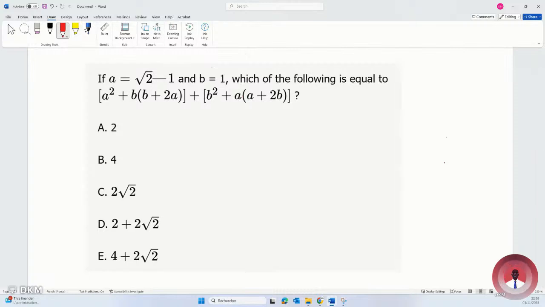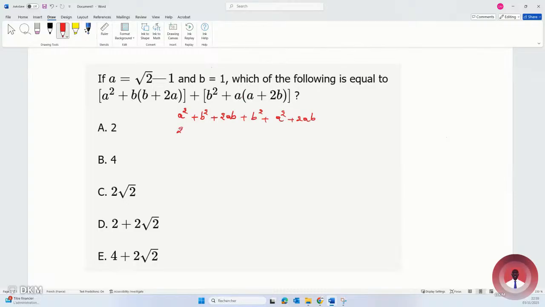Okay, so what we can do is, let's say A square plus, we will multiply B here, so B square plus 2AB plus B square plus A square plus 2AB.